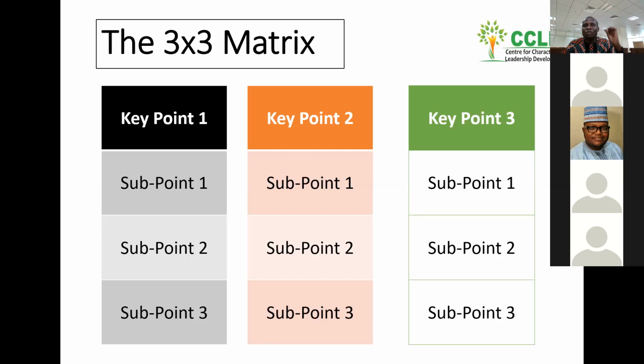And once you remember the sub-key point, you will also remember all the stories around it. So the key point and the sub-point are like your milestones, like your signs. So it is easy for you to move your audience with you and say, we are going next to this, next to this, next to this. And why do people love the 3x3 matrix? With the 3x3 matrix, you could talk for 10 hours without using a note.